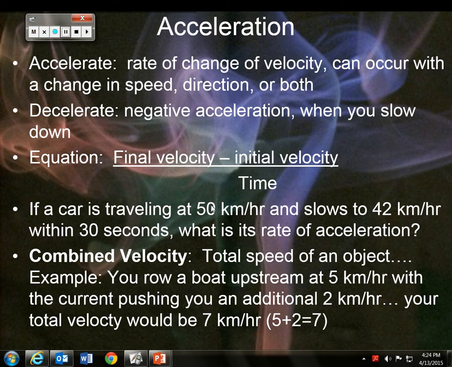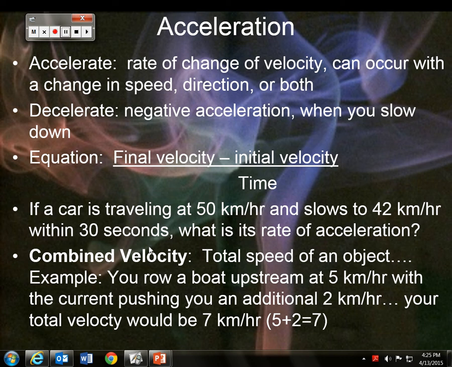The initial velocity is 50, your final velocity was 42, and your time is 30. So you take the final velocity, 42, you subtract the initial velocity, which is 50, and you divide by, in this case, 30 seconds. What is its rate of acceleration? In this case, you're slowing down, so it's actually negative 0.26.